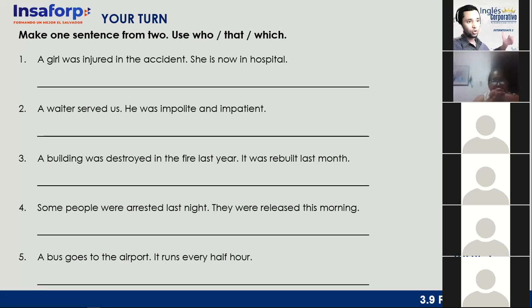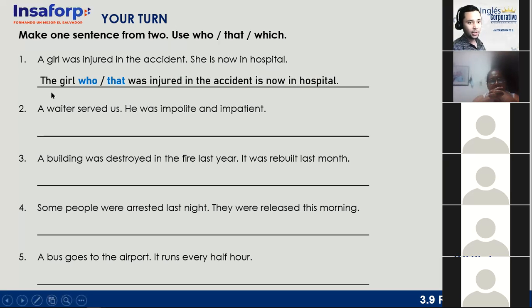So you need to join the two sentences into one using a relative clause. I'm going to give you the first one as an example, but I want you to continue in the breakout rooms. The first one is the girl who, o pueden poner that, was injured in the accident is now in hospital. ¿Ok? Eran dos oraciones, ahora solo es una. The girl who was injured in the accident is now in hospital. Or the girl that was injured in the accident is now in hospital.